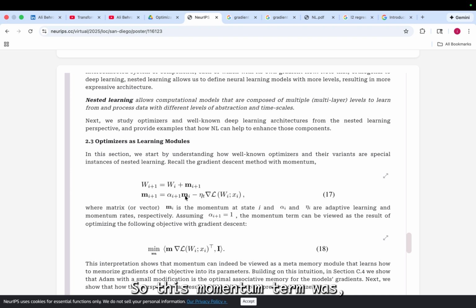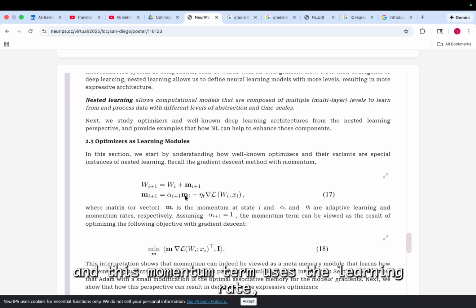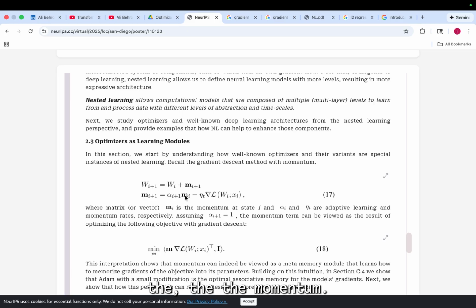So this momentum term was inspired from the Adam optimizer, and this momentum term uses the learning rate. The momentum also acts as the weight in an optimization problem, as well as the momentum term helps in understanding the learnings in the large language model or a transformer architecture.